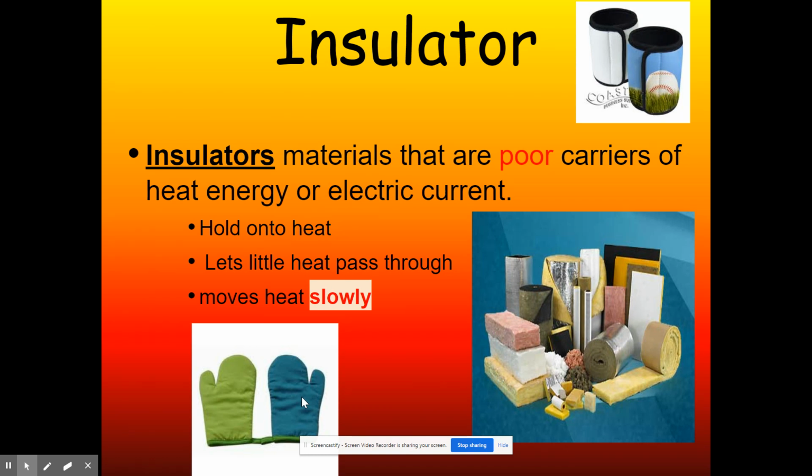So, for instance, with these oven mitts, when you're taking something extremely hot out of the oven, like a pan of brownies, and quickly grabbing it and releasing it, you wouldn't feel that heat transfer. However, if you were to hold on to the heated pan of brownies for an extended period of time, the heat would begin to transfer from the pan to your hands. It would just take a lot longer.